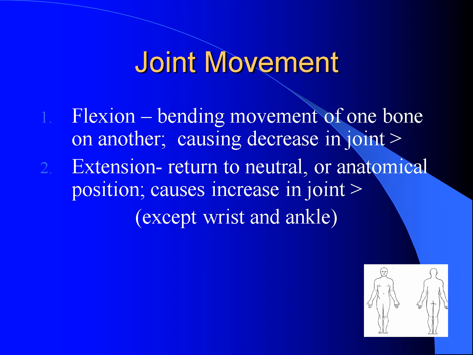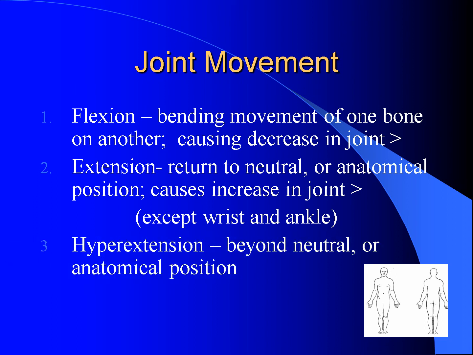Hyperextension is moving beyond neutral. After we've come down to a fully extended position and then continue to move our arm towards the back surface of our body, that would be hyperextension.